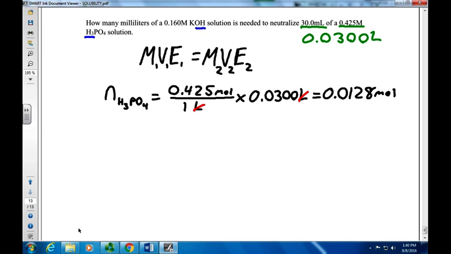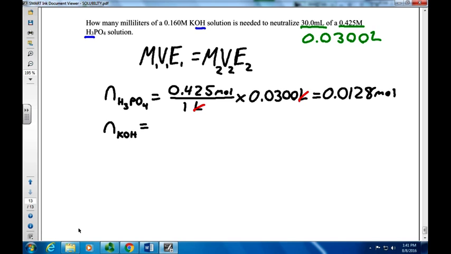To find our moles of KOH, we're going to have to take the moles produced by our acid and multiply it by 3, which is the equivalency. For every 1 mole of acid, we're producing 3 times the amount of hydrogen ions than 1 mole of KOH would produce hydroxide.